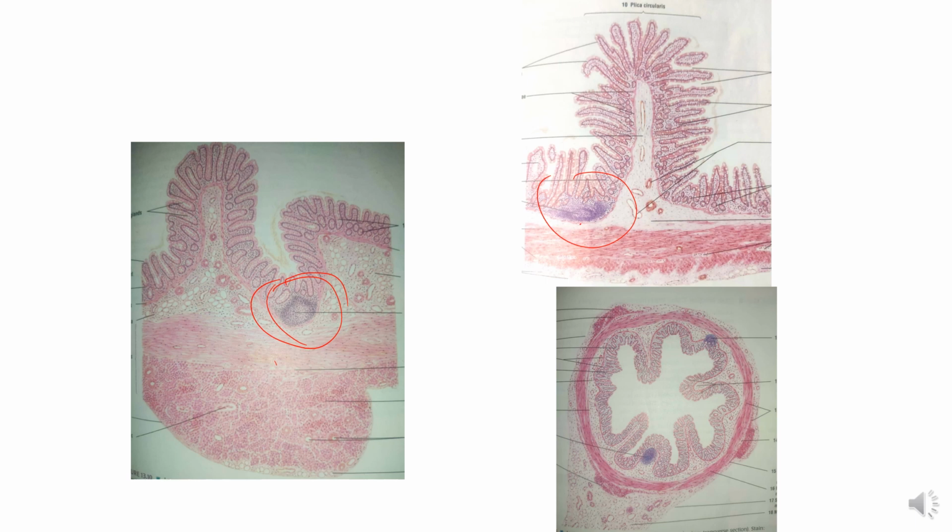So, MALT can be in the form of aggregates of lymphoid tissue or isolated lymphatic nodules. The previous one was the aggregates of lymphatic nodules, while this is the isolated lymphatic nodules which are lying in the lamina propria of some part of the GI tract.